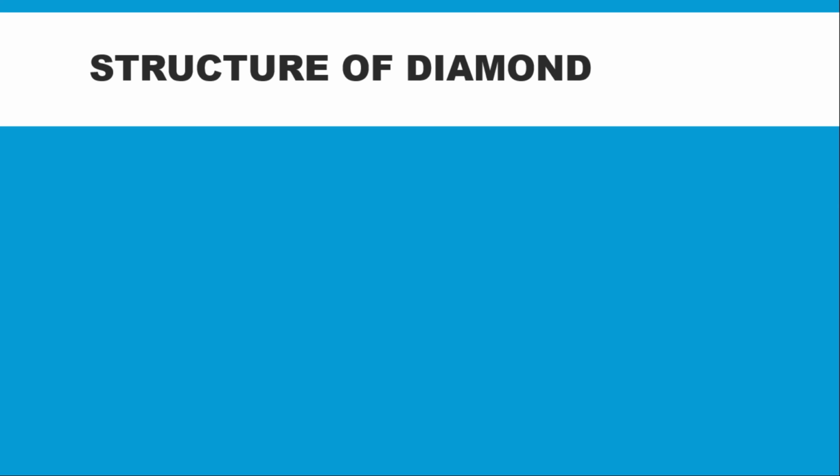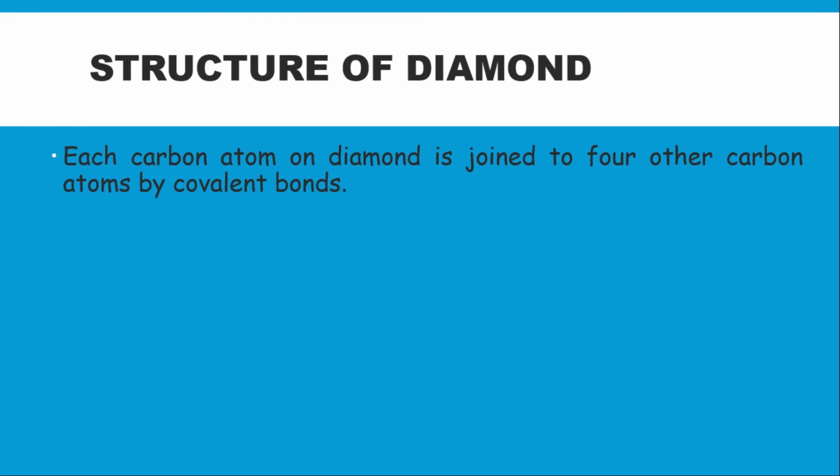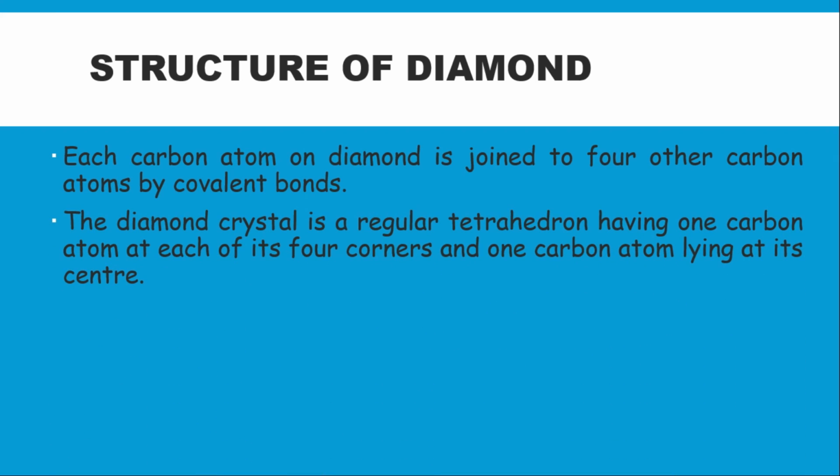So let us just understand the diamond structure. Each diamond structure is made up of carbon, and each carbon atom is joined to four other carbon atoms by covalent bonds. You have read about covalent bonds in your previous classes. The diamond crystal is a regular tetrahedron, and in that, one carbon atom at each of its four corners is connected to another carbon which is lying at the center.